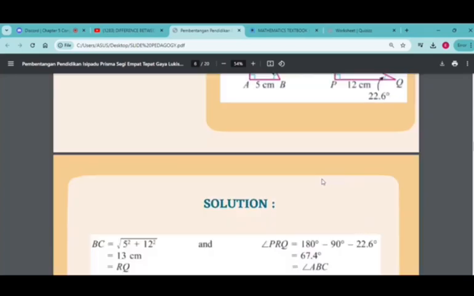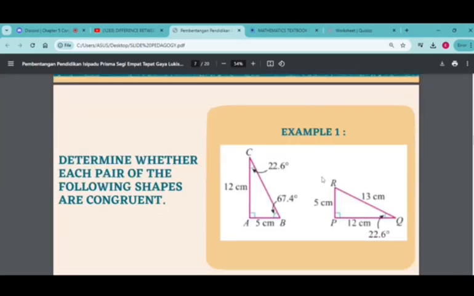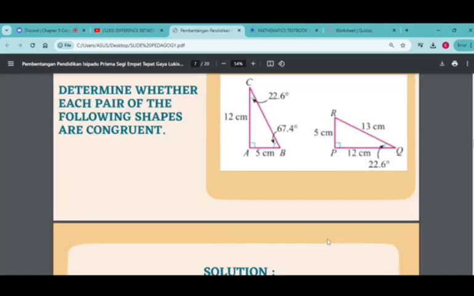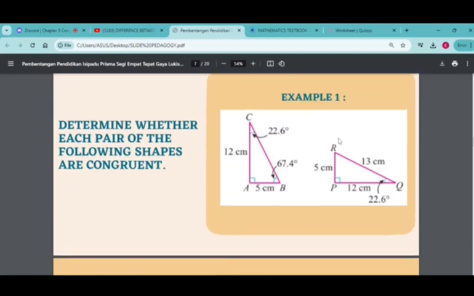Okay, next is determine whether each pair of the following shapes are congruent. This is example 1. What can you see in the pictures for example 1?